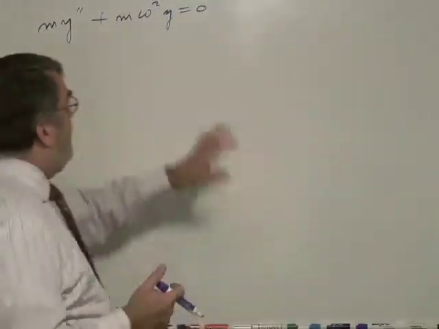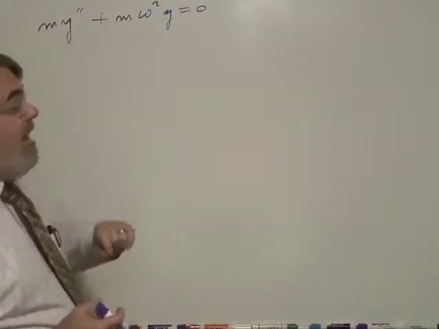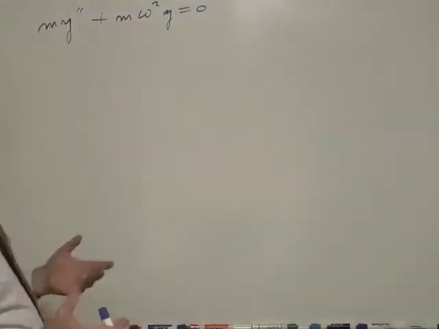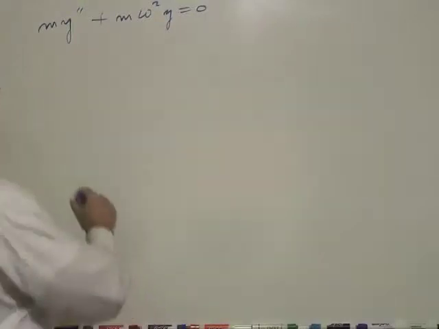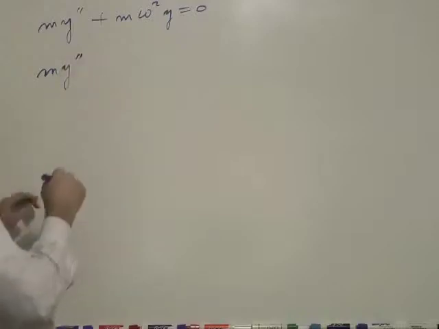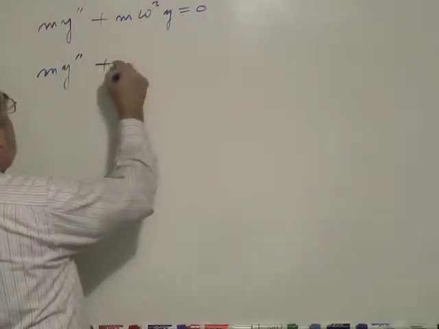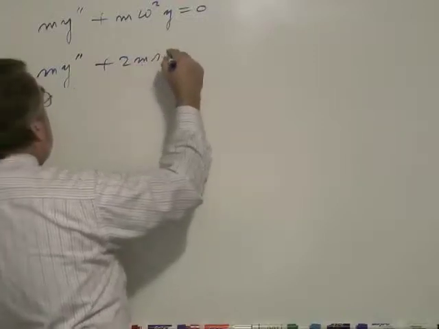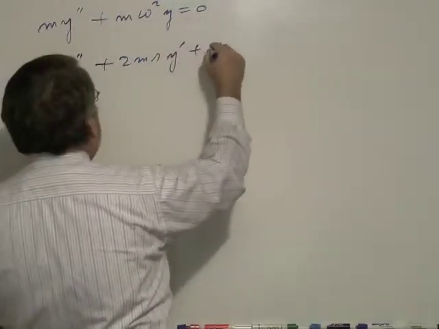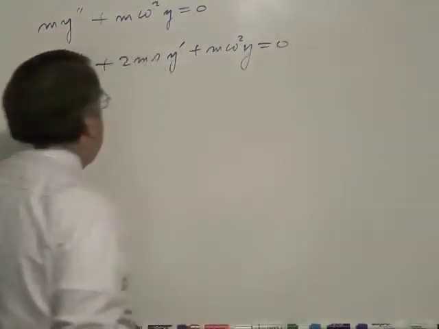I've gone back to this equation, which was our simple harmonic motion before dividing mass out. And to that, I'm going to add a first derivative term. It's done in kind of an unusual way. I have my y double prime plus 2mr y prime plus m omega squared y equals 0.